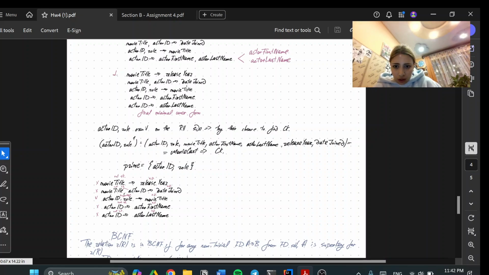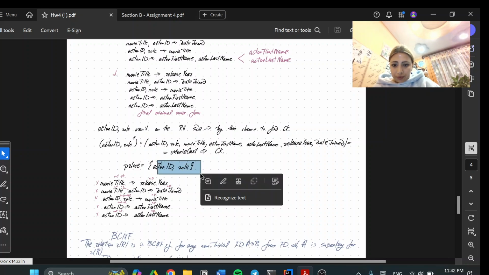Actor ID and role give us movie title. Movie title gives us release year, movie title with actor ID gives date joined, and actor ID alone also gives actor first name and last name. We got the whole movie cast, so it's the candidate key. And our primes are actor ID and role here.